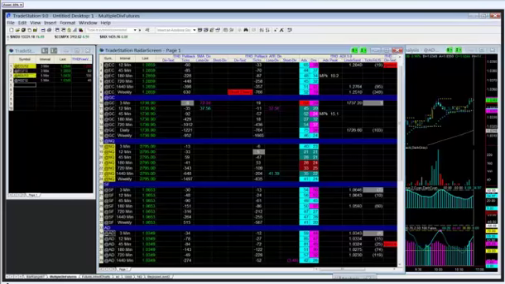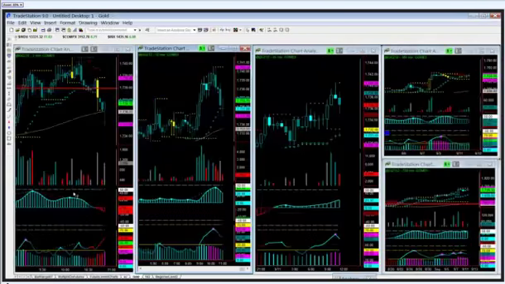So, I think that was on gold. This is where I'm expecting a magenta peak on the 3-minute.